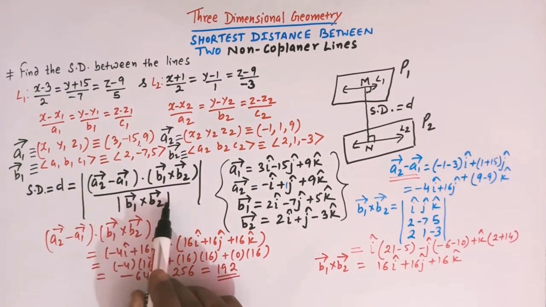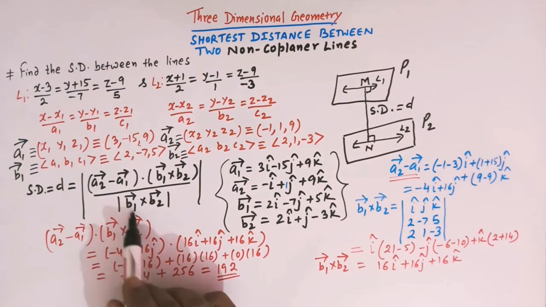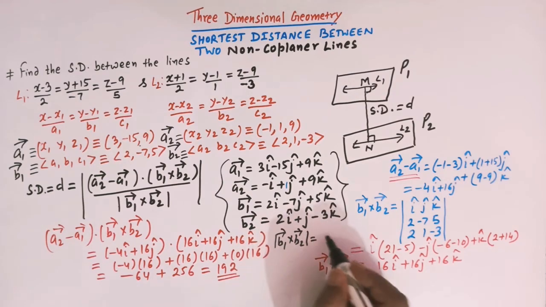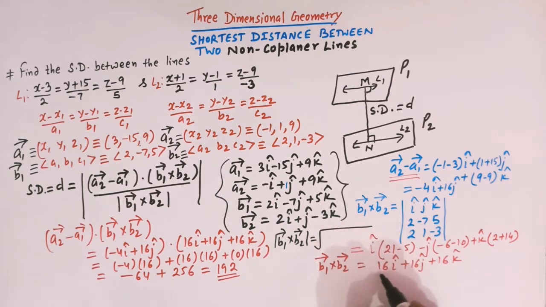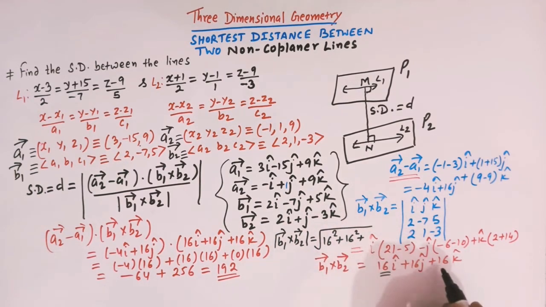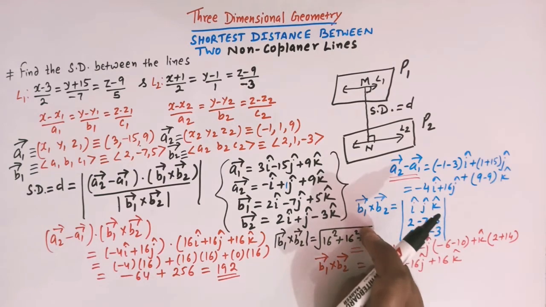Now we have to calculate the magnitude of b1 cross b2. The magnitude of b1 cross b2 is given by the square root of 16 square plus 16 square plus 16 square.